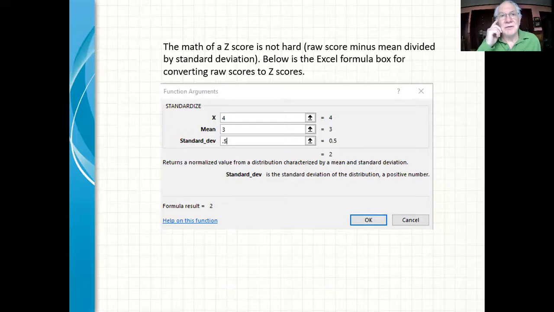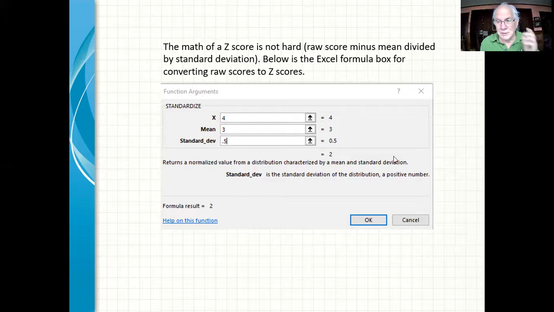Now there's an Excel formula that looks like this, for instance. You don't need this Excel function for most z-scores, because it's fairly straightforward, but there is one called STANDARDIZE. You put in your raw score, X, in this case 4, your mean, which is 3, and your standard deviation of 0.5, and it kicks out for you the z-score of 2.